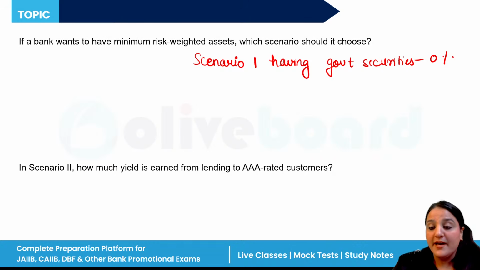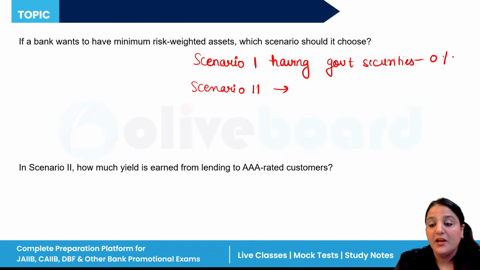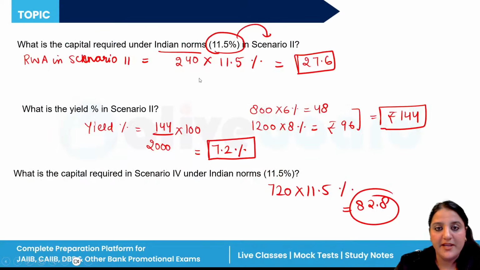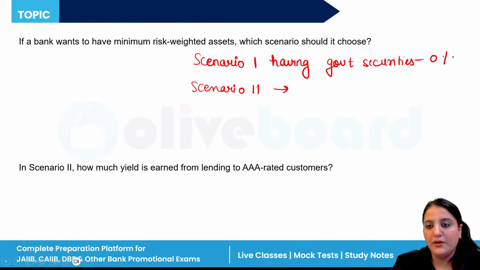Then in scenario second, you can see 800 multiplied by 0%, and 1200 at 20%. That equals 800 multiplied by 0 plus 20% of 1200, which is 240.